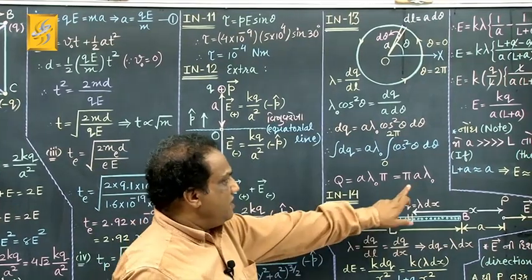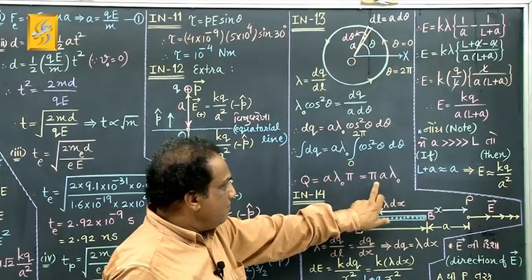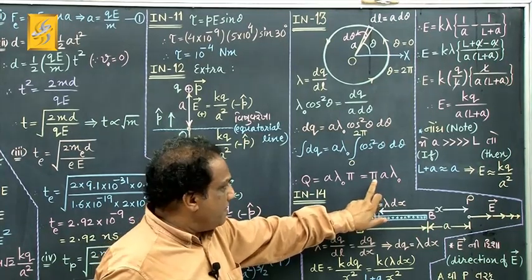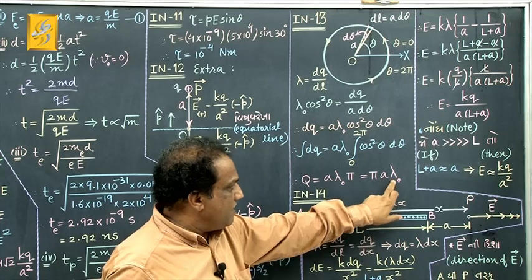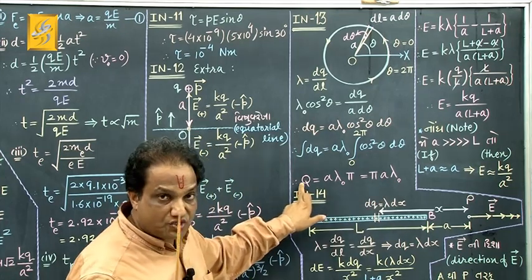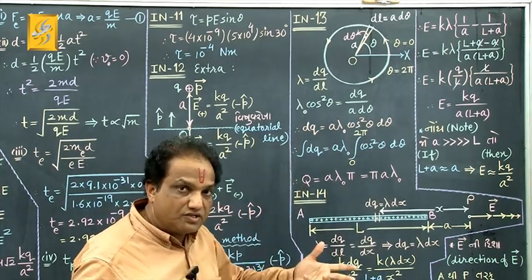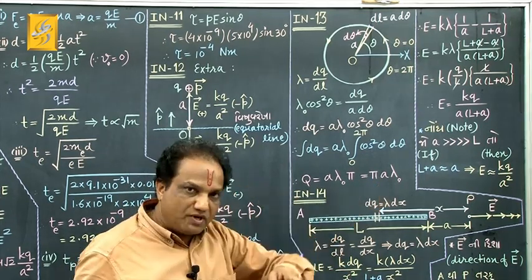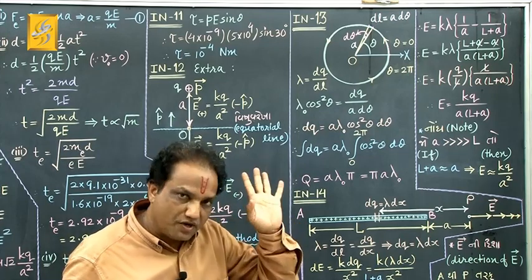What about a? It is the radius of the given circle. Pi value everybody knows. They may ask in another way: they may give you these values and ask for the total value of electric charge. At that time you are supposed to find the numerical answer. Right now there is a formula, and if you remember that formula, you can make use of it. Okay, fine.